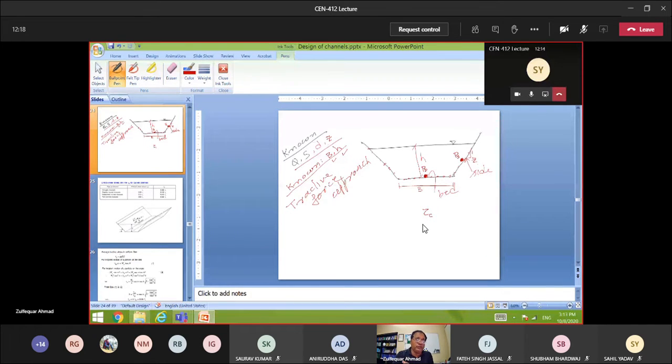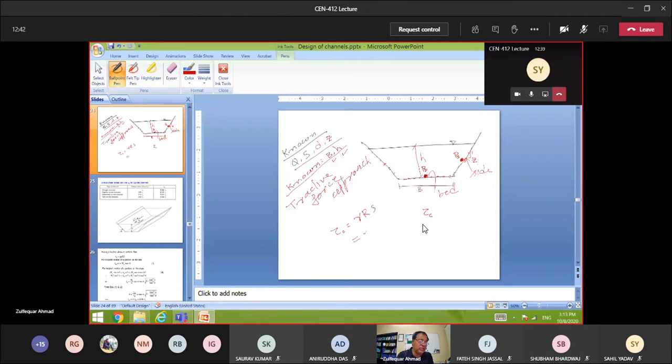I had told you the shear stress that is acting on the bed or on the bank, I mean the sides, we used to take an average value, and that average value is tau naught equal to gamma R S, okay? If you have a wide channel, R is equal to H, the depth of the flow.